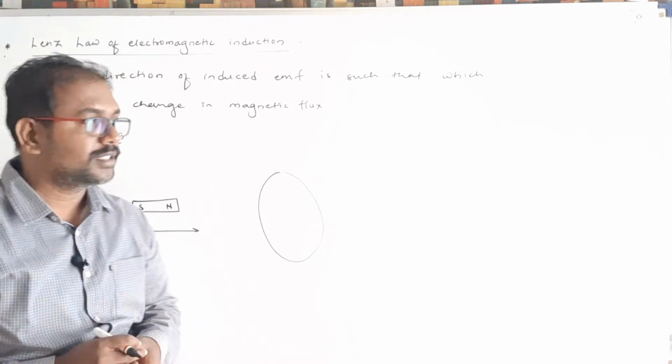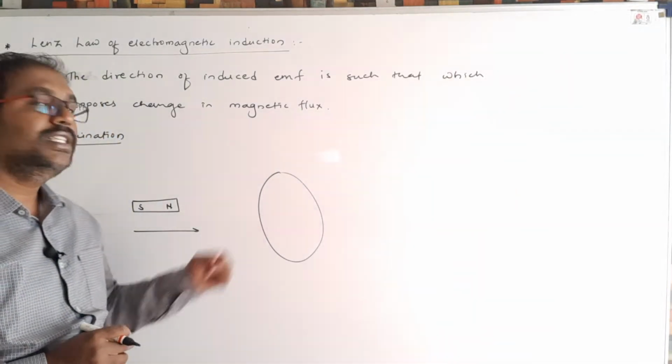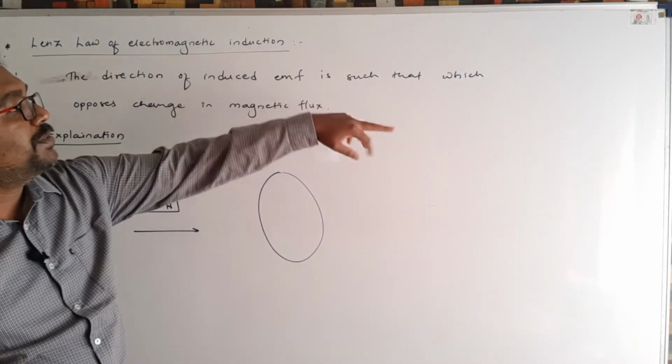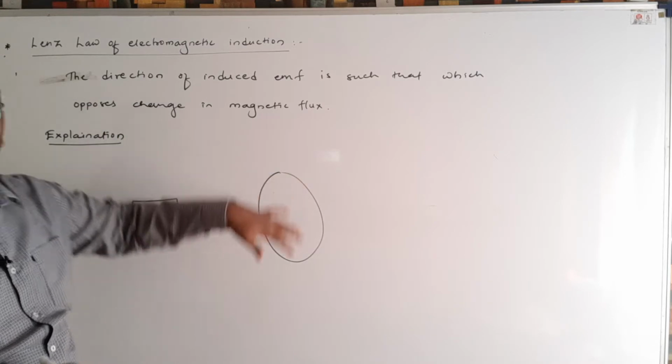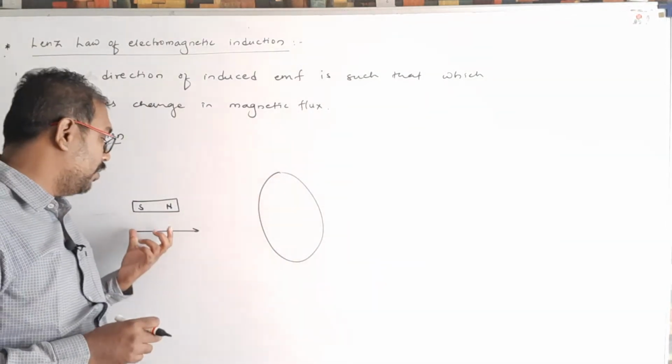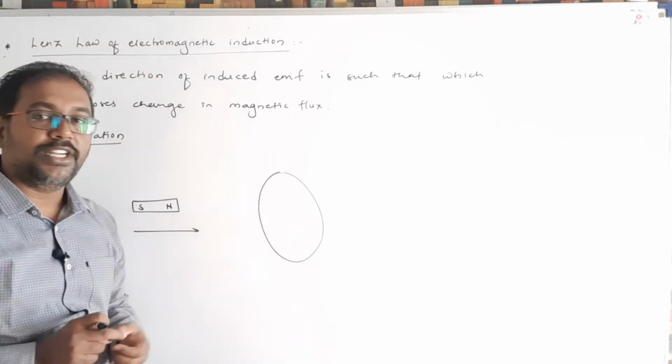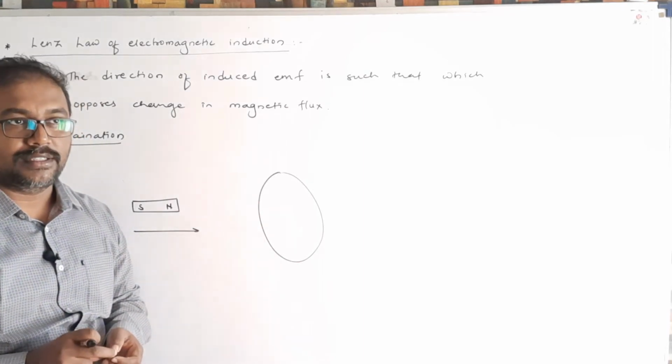Magnetic flux increases. Then to oppose this increase in magnetic flux, because the direction of induced EMF is such that it opposes the change in magnetic flux. So here, as we move the magnet towards the coil, the magnetic flux associated with this coil increases.